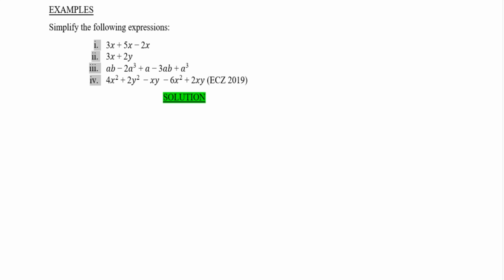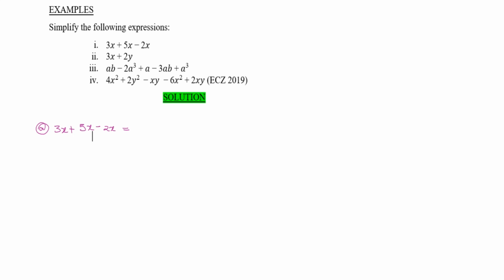So for question A, we have 3x plus 5x minus 2x, so we are looking at the terms x: here there is x, there is x, there is x, which gives us the like terms.